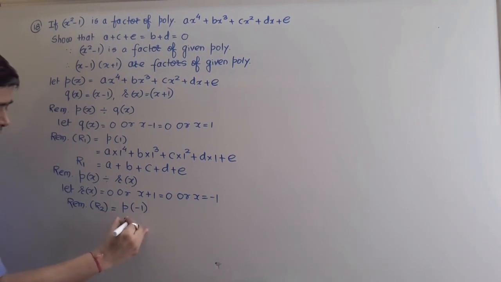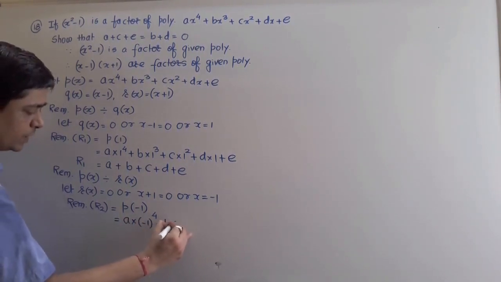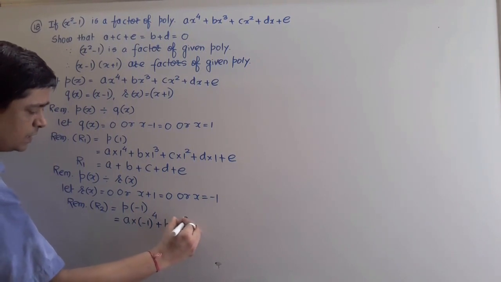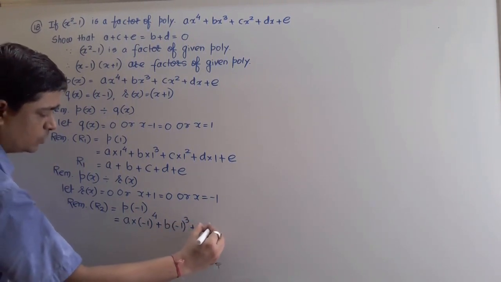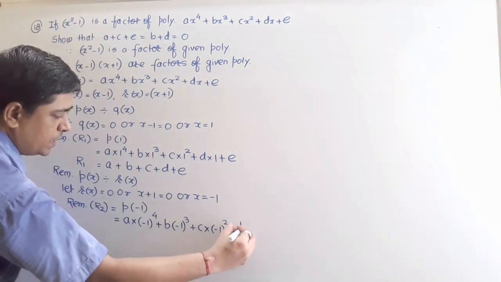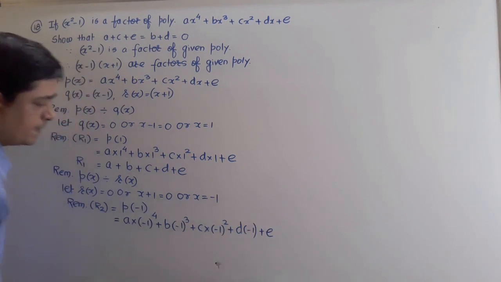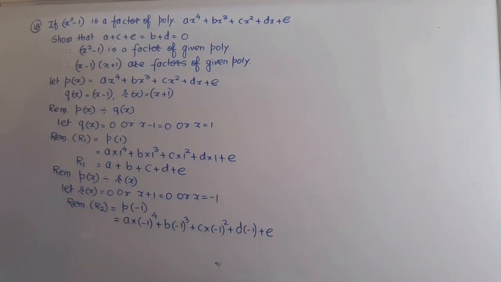So that will be a into minus 1 to the power 4, plus b into minus 1 to the power 3, plus c into minus 1 to the power 2, plus d into minus 1, and then plus e. Right? Now, wherever the powers are even, like 4 and 2, minus 1 will become plus 1. I have told you earlier.